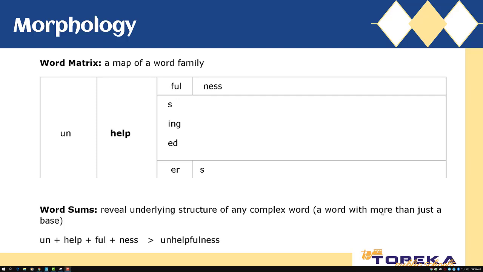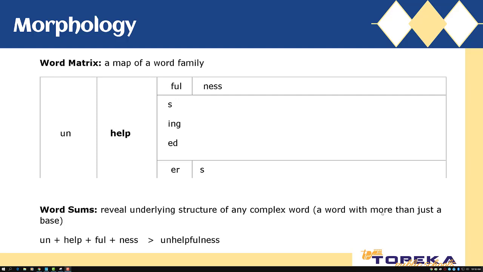And what this shows us is all the sums of smaller parts of morphology, of morphemes that have been put together to make new words with new meanings. And down at the bottom, you'll see that they have the word unhelpfulness. They've taken the prefix un, combined it with the base word help, and they've also taken the suffixes full and ness to create a longer word.